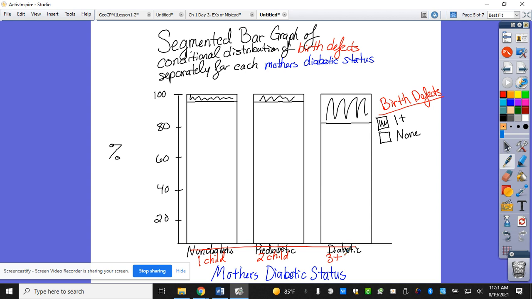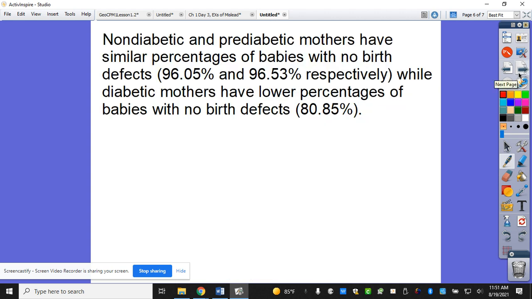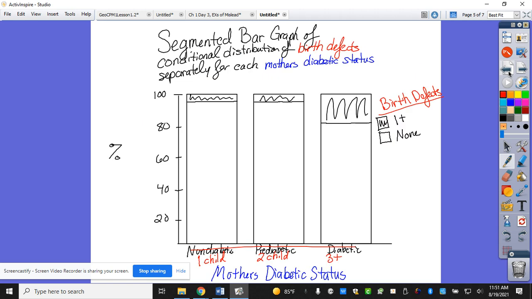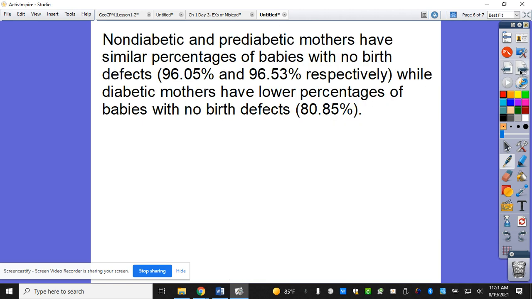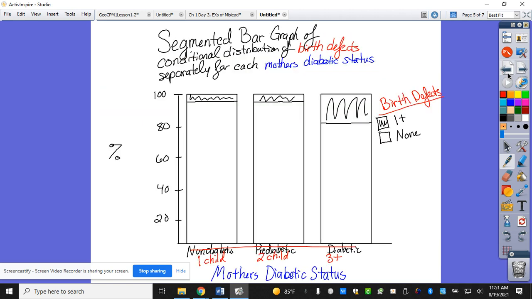What could I say in that case, wording-wise, that would change a little bit or be a little bit more specific? Don't think about my exact sentence. If I were doing this, saying that, what would you tell me happens with number of children and birth defect?